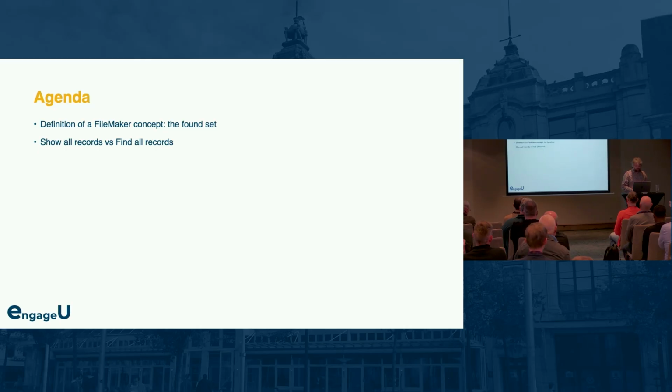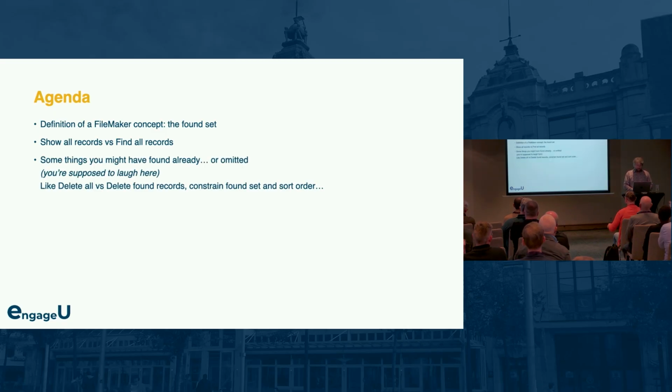We'll make the difference between show all records and find all records. We'll explore some things that you can do with the found set, so something you found already or omitted. And you're supposed to laugh here, but I think you drank too much last night. Okay, so for instance, you have delete all versus delete found records.